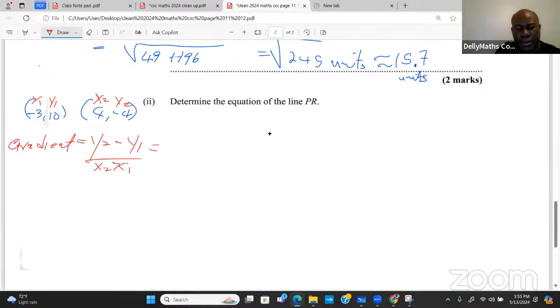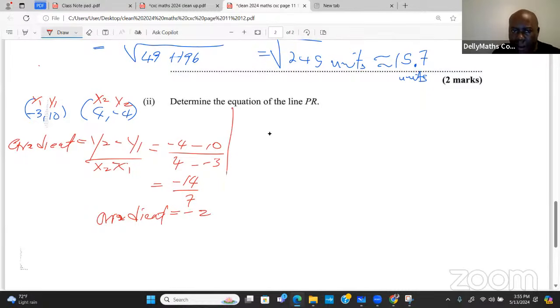So let us put that together, right? So you're dealing with y2, which is -4, minus 10 over x2, 4 minus -3. We're looking at -14 over 7. And so my gradient is -2.